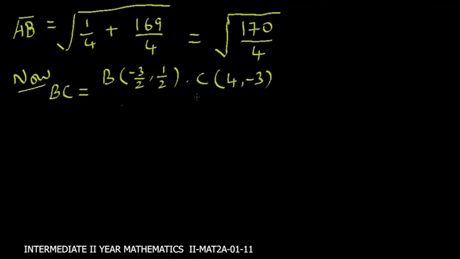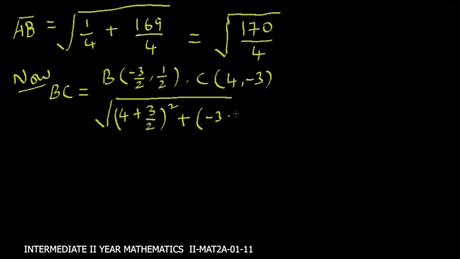So x2 minus x1 is 4 plus 3/2, and y2 minus y1 is -3 minus 1/2, whole square. 4 times 2 is 8 plus 3, 11 by 2, whole square.